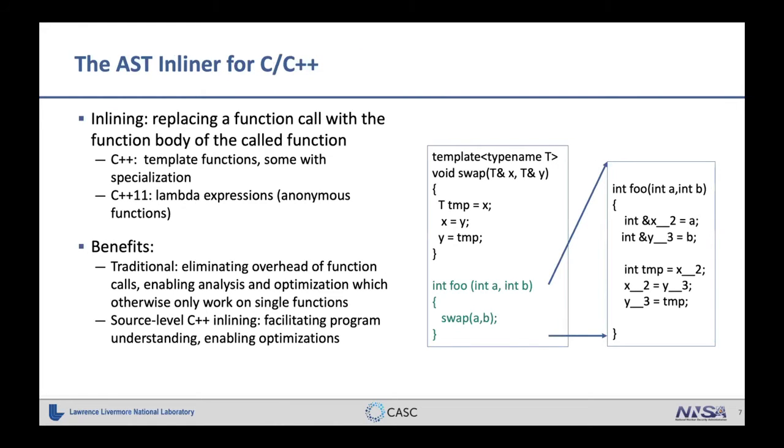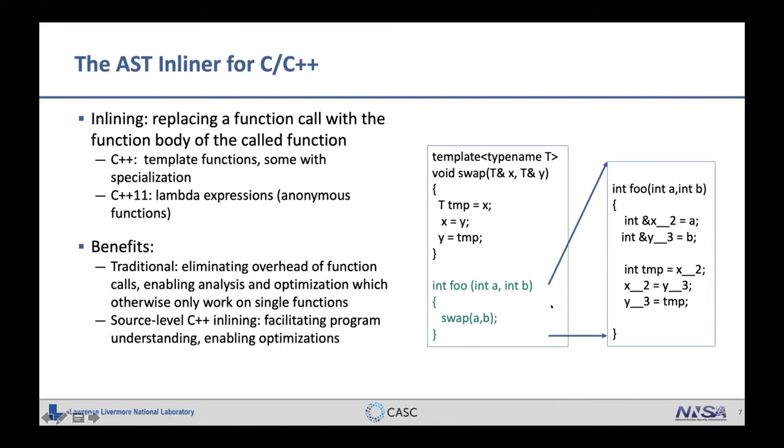So now I want to mention several example tools in a little bit of detail. The first tool I want to mention is this AST inliner tool we are building. I think for this audience, most people should already be familiar with the concept of inlining. So you have some code calling some function like this swap function call.